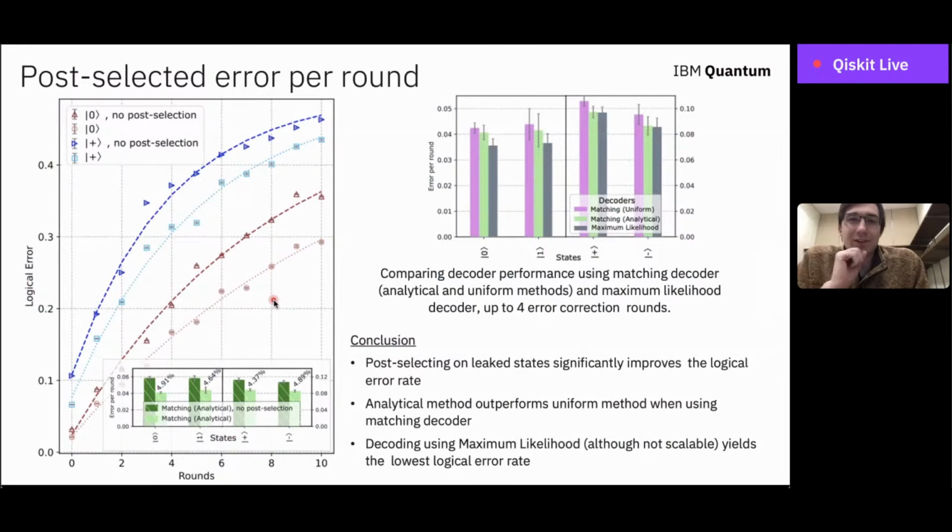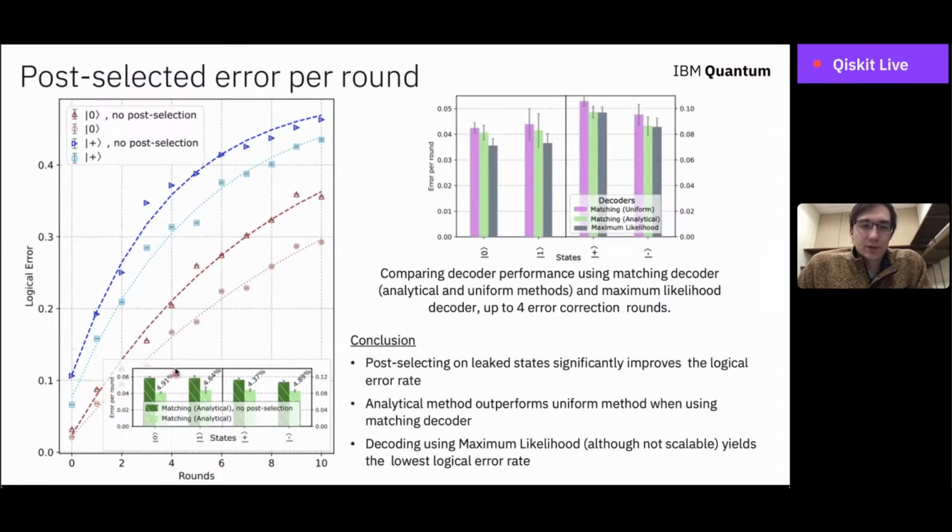And this is the second to last slide, so I know I'm a bit over time, but here are some of our final plots for the d = 3 experiment. Here we have the logical error rate as a function of rounds. And essentially by fitting these curves, you can get the logical error rate per round, which is shown in the inset here.